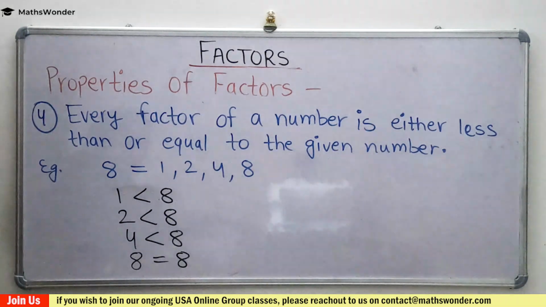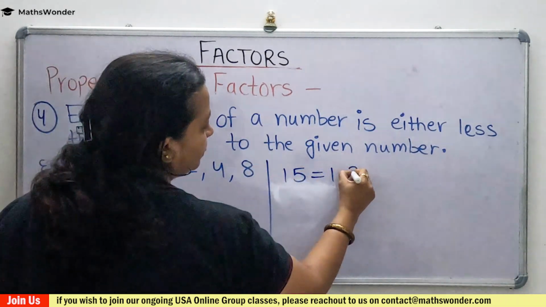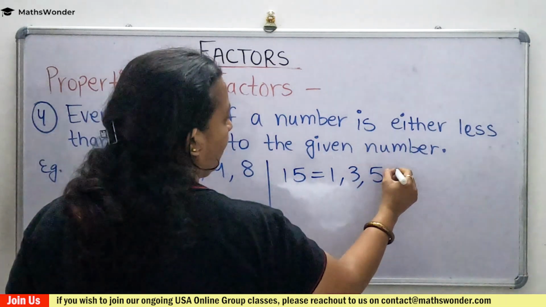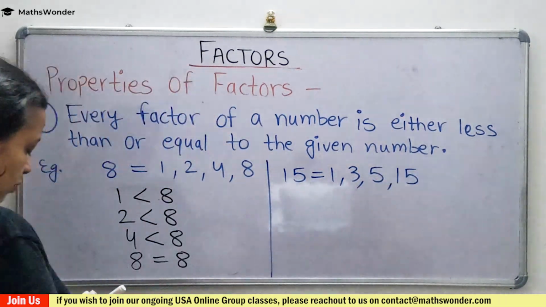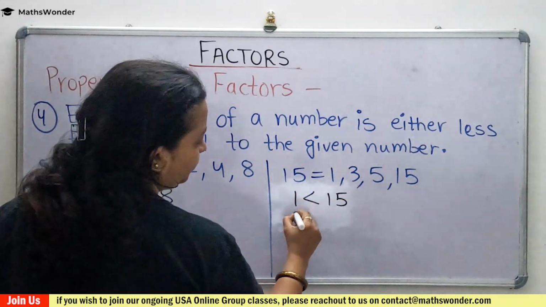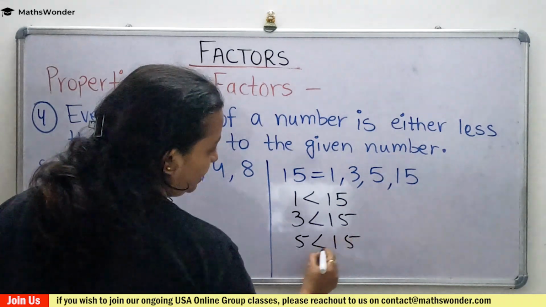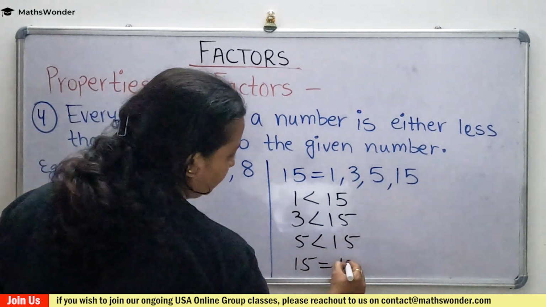Understood? Yeah. Suppose 15. We have 1, 3, 5, 15. So you can see here, 1 is less than 15, 3 is less than 15, 5 is less than 15 and 15 is equal to 15.